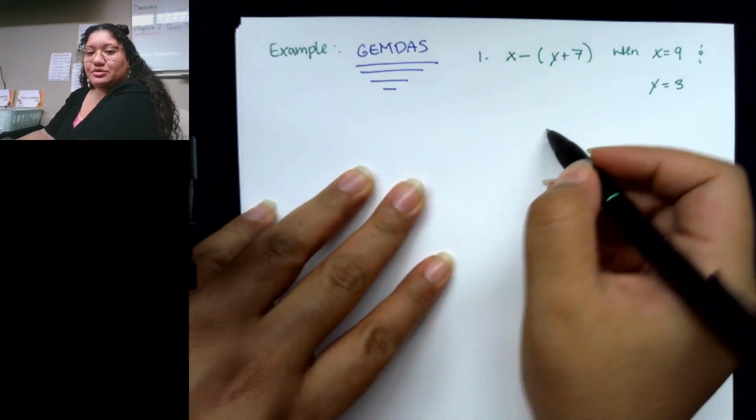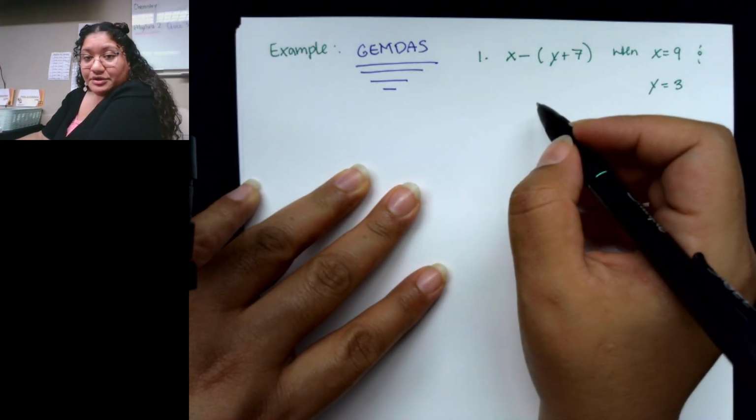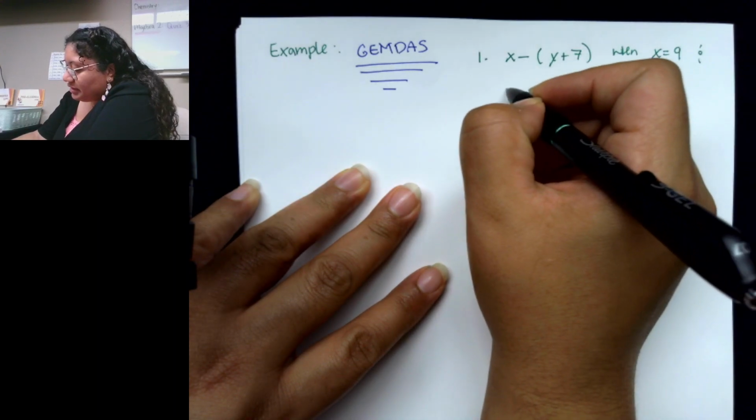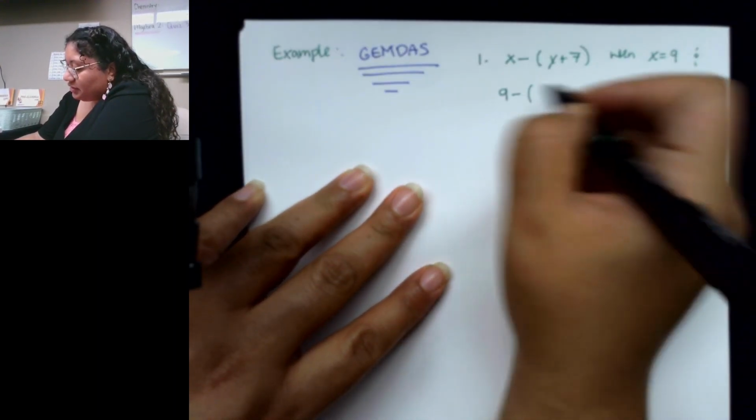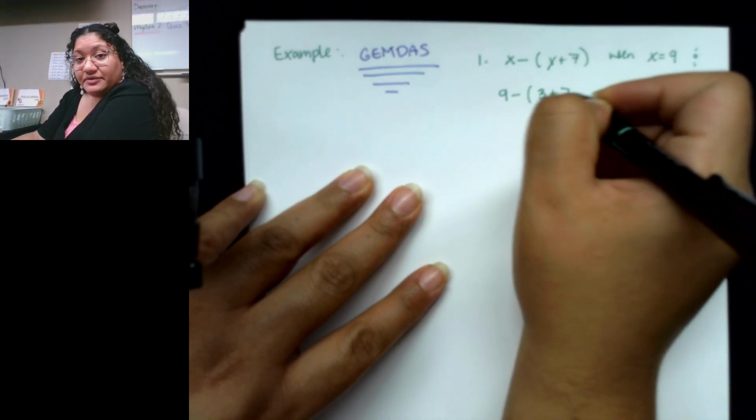And y equals 3. So let's plug it in first. So 9 minus 3 plus 7.